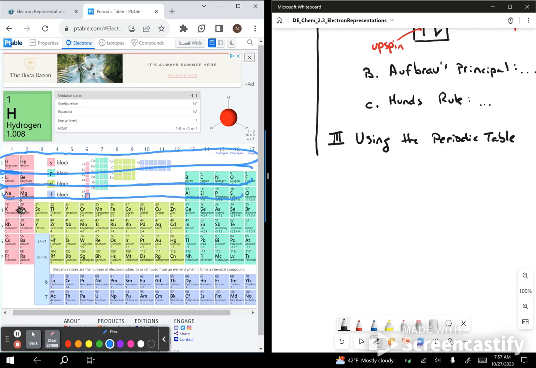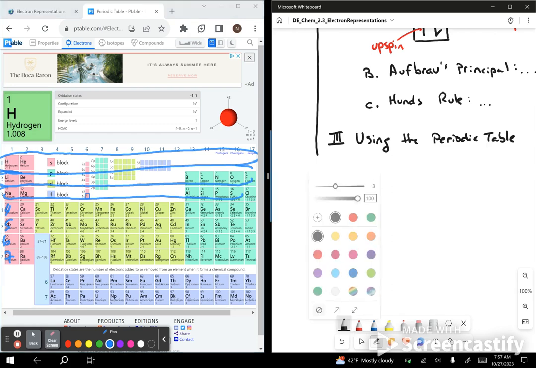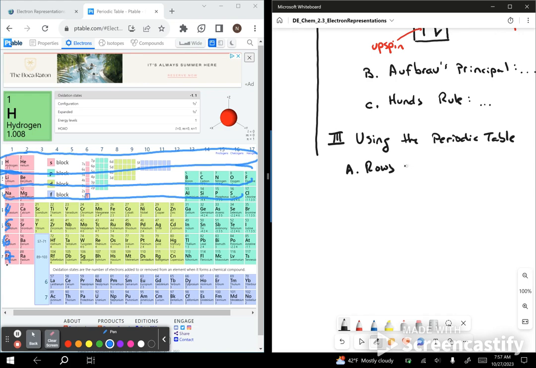And on. You can go all the way down to your fourth, your fifth, your sixth, and your seventh. And what these relate to is the number of energy levels. All right, so let's write this down.